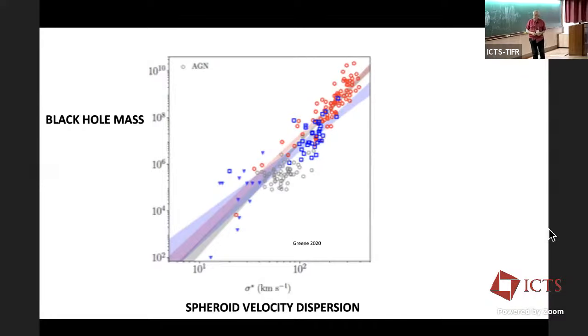So you have on the vertical axis the mass of the central black hole, the horizontal axis, the velocity dispersion of the stars, equivalent roughly to the mass in stars, but more precise when it's plotted this way. And there is this amazing correlation over 5 orders of magnitude or whatever in black hole mass. Okay, and so that has to be telling you something.